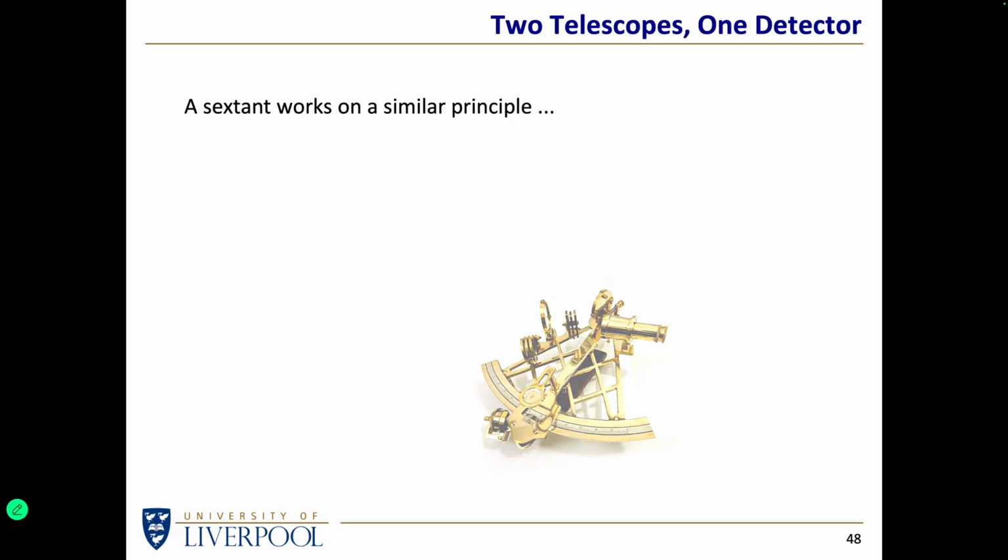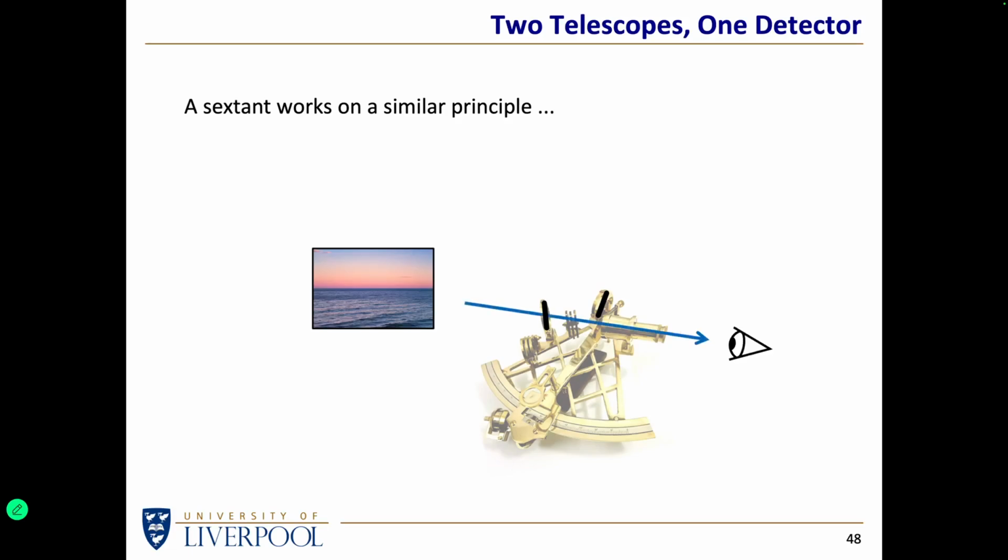You set it up such that you've got a couple of mirrors that can be moved, or at least one of them can be moved, and you point the little telescope at the horizon. If you've got a star in the sky, in principle it could be the sun if you're doing this in daylight, but let's imagine we've got a star in the sky, some angle above the horizon. You adjust the mirror such that the star appears to be on the horizon. In other words, you've got two sources of light going to the same detector, your eye.